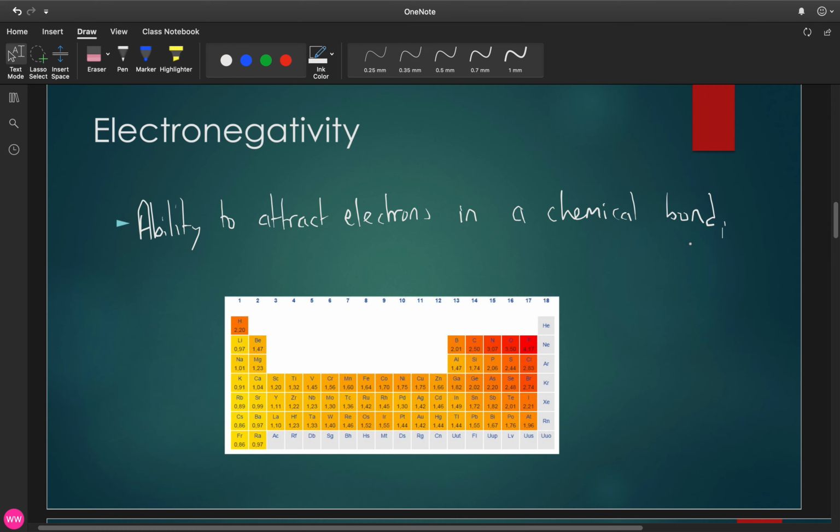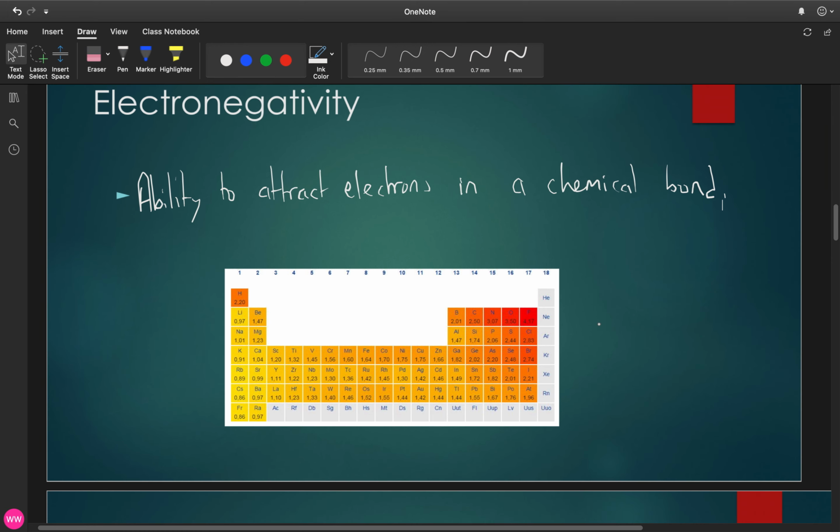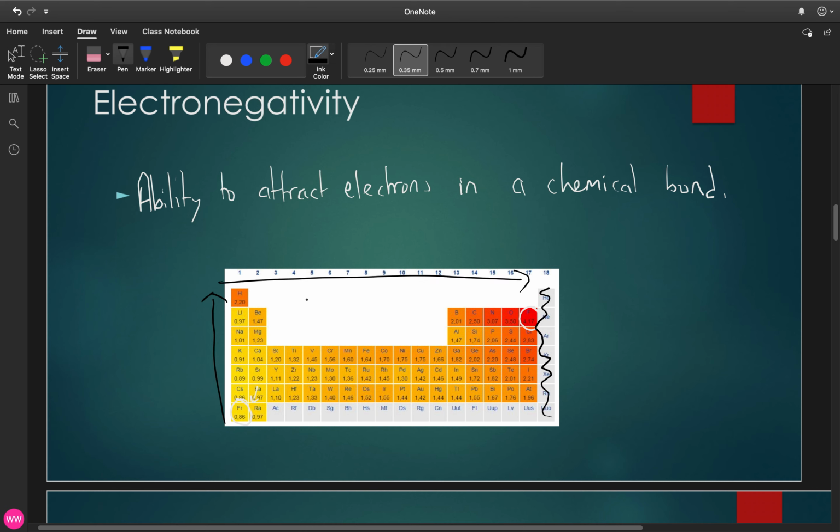The element that is most electronegative is fluorine here. The element that's the least electronegative is francium down below. So just remember that our electronegativity increases as you move up and to the right on the periodic table. It doesn't include these noble gases here, though. So fluorine is the most electronegative, while francium is the least.